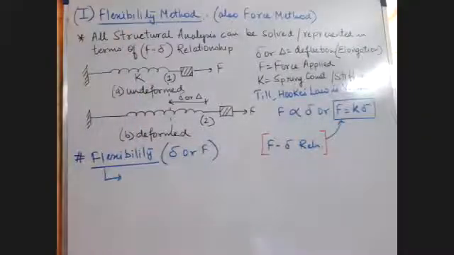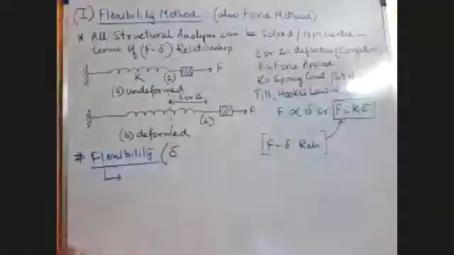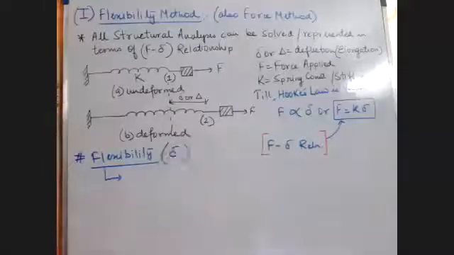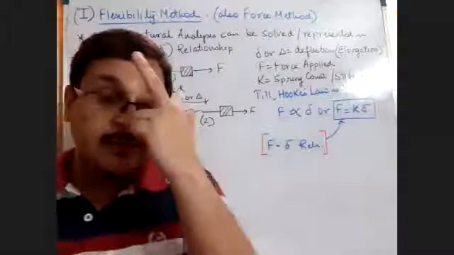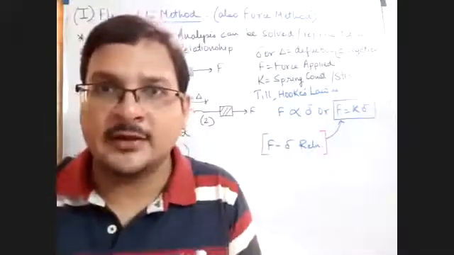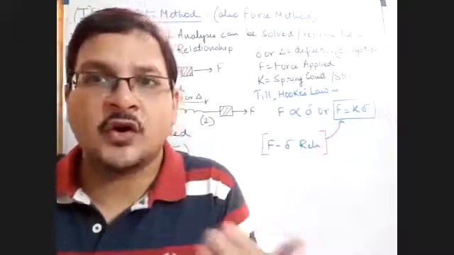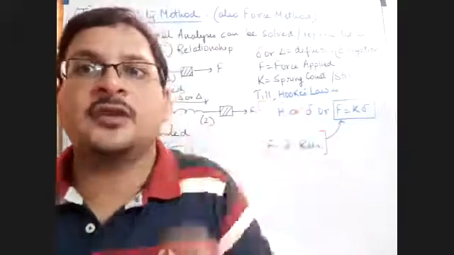Flexibility is represented by delta. Sorry, only delta. Now, what is flexibility? This we have to learn. Flexibility is basically how much displacement is occurring or how much deflection is occurring due to unit force at a point on a structure.